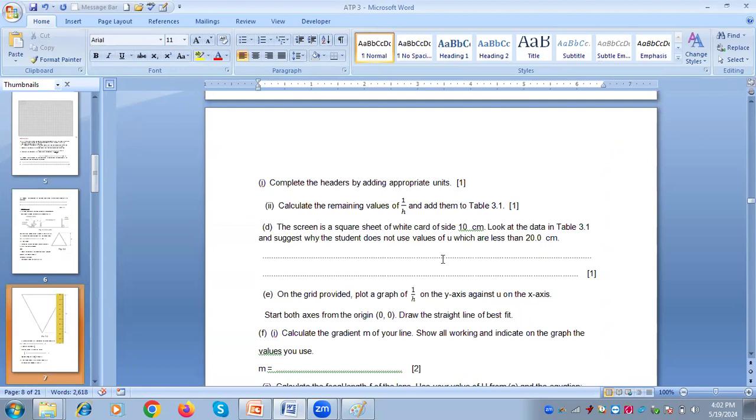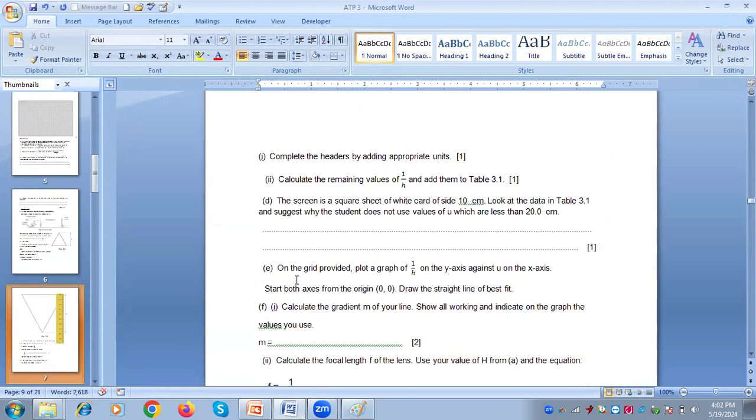And the graph is to be taken from the origin. Both values of x and y should start from 0, 0. You have to follow the instructions strictly: u along the x-axis, 1 upon h along the y-axis, and so the graph should begin from the origin. This is to be taken care of.